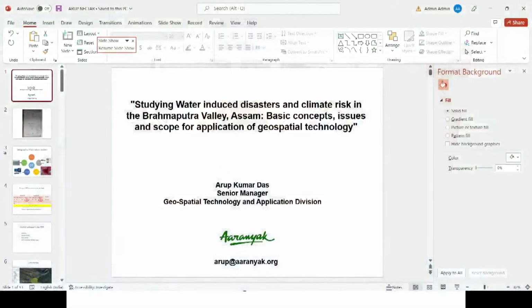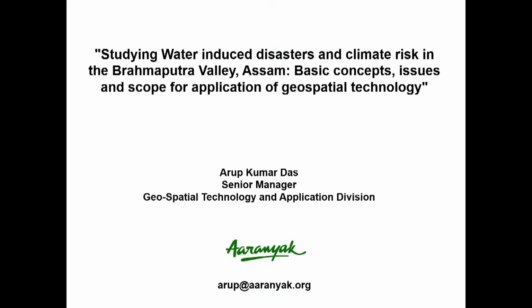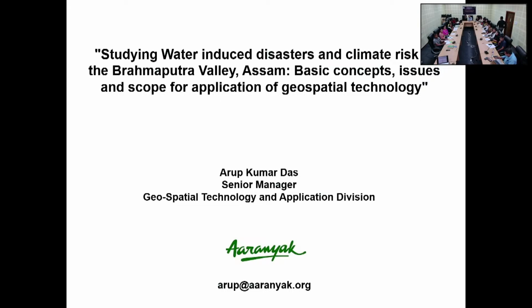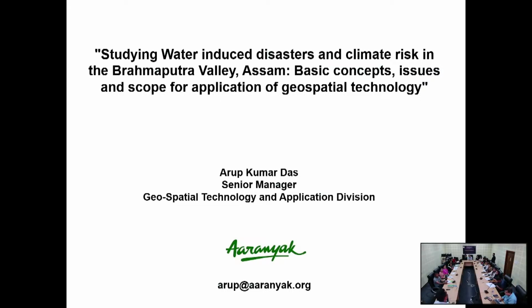Okay, so we are studying water induced disaster and climate risk in the Brahmaputra Valley. I will show you some of the mapping tasks we have done, as well as some field work.